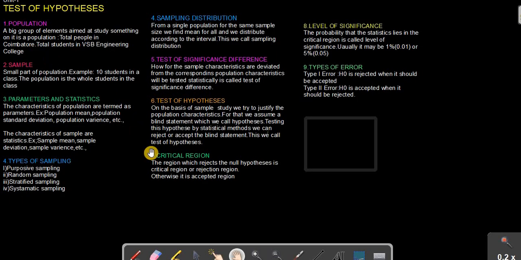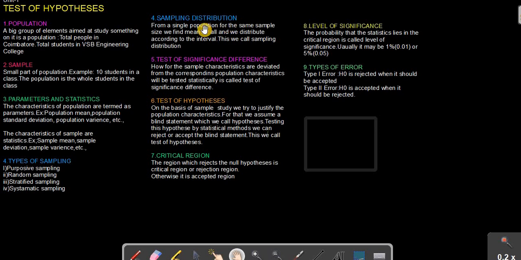Take for example, to choose a sample from the class, the class teacher says all the odd register number students come here. So only odd-numbered students will come there. Some systematic idea is used. Like that, there are different types of sampling.